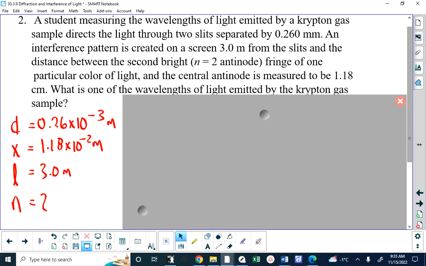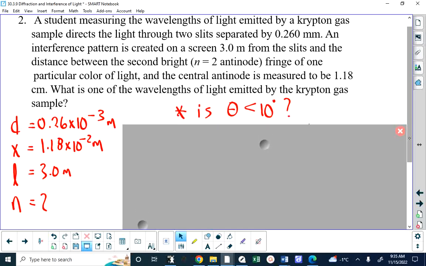Now, the question is theta less than 10 degrees? Because this is setting you up for success or failure based on whether it's less than 10 degrees. Because you have a formula, lambda equals xd over nl, it's right here. But if this angle is not less than 10 degrees, then you will get a wrong answer.